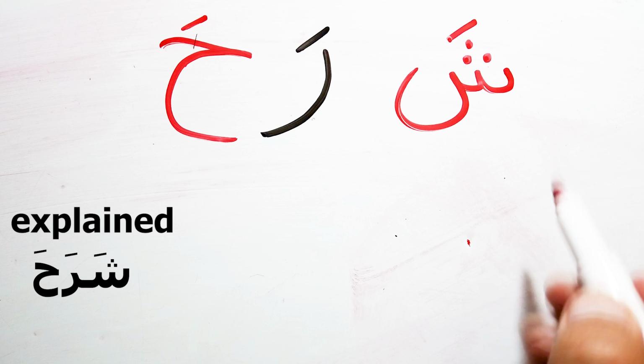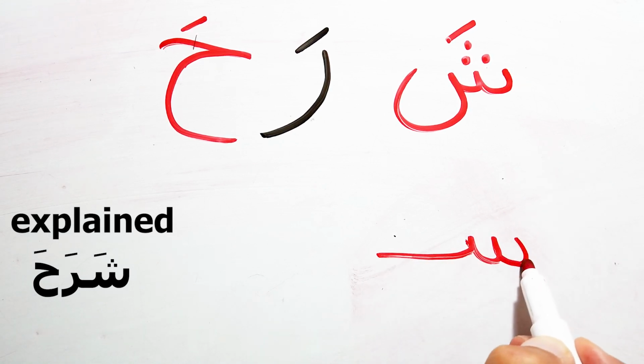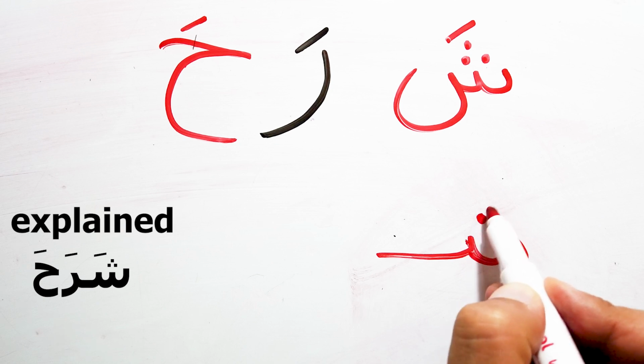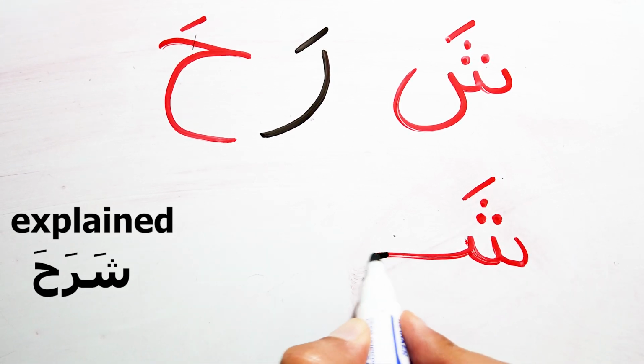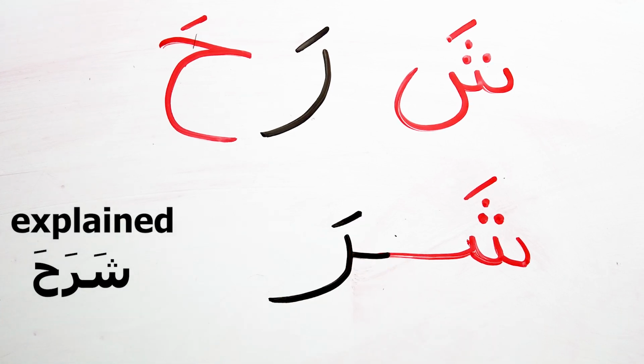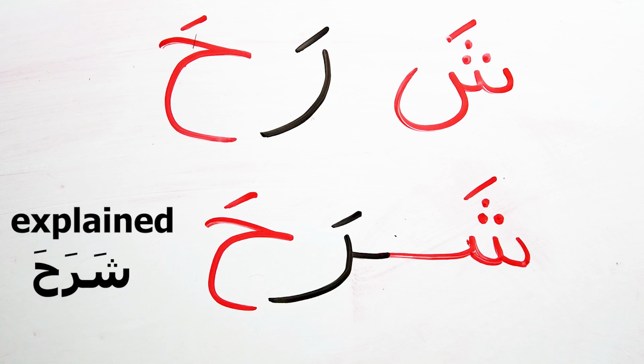Let's connect them. Sha in the beginning of the word. Ra in the middle of the word. Ha in the end of the word. Let's read. Sha, shara, sharaha, sharah.